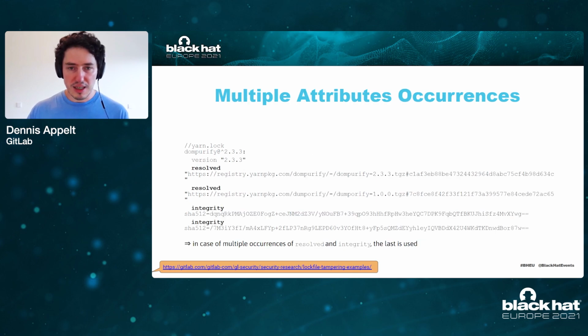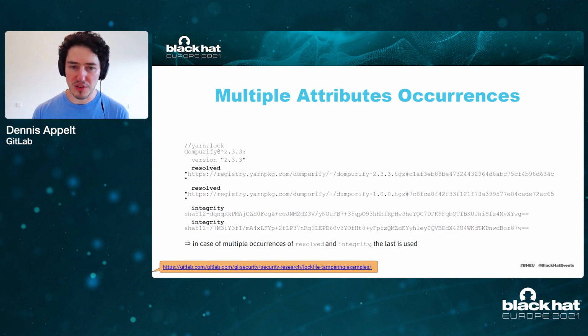Let's have a look at another example. There are many ways how log files can be tampered, and I just want to give you a brief idea of what's possible. So here in this example, certain attributes in the log file entry are repeated. Here, resolved and integrity appear twice, and just by looking at that log file entry, it's difficult to tell what Yarn would do when it's processing this entry.